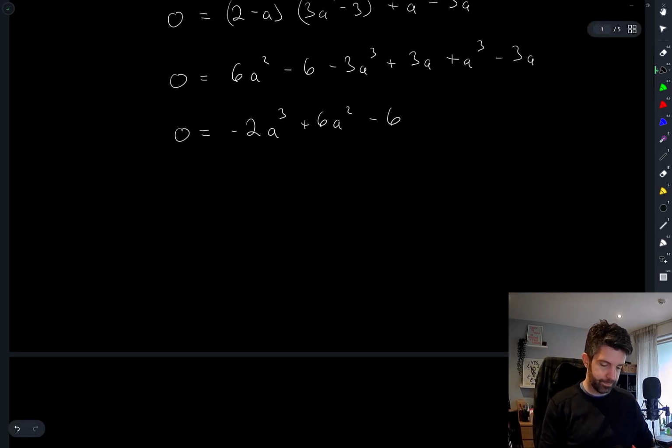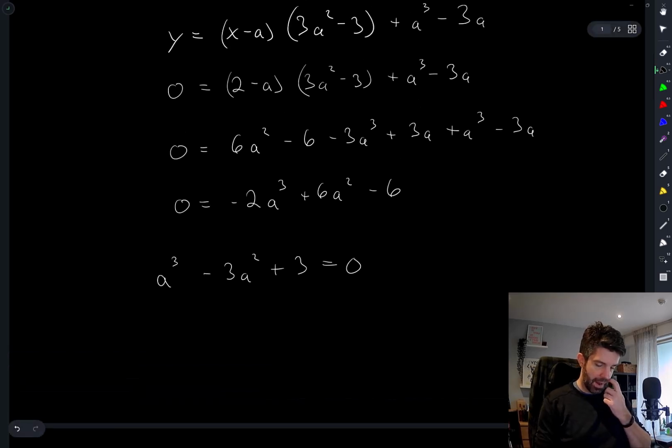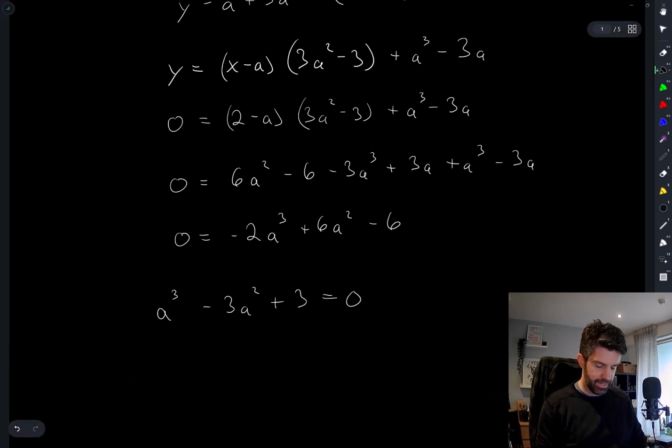Okay, so overall I have a cubed minus 3a squared plus 3 is equal to 0. And how many roots will this have?